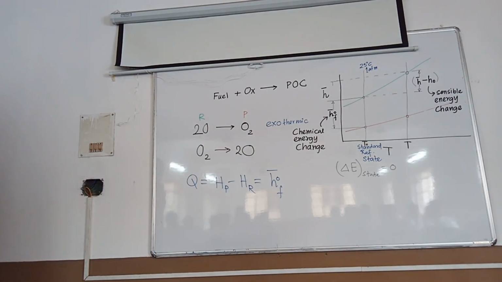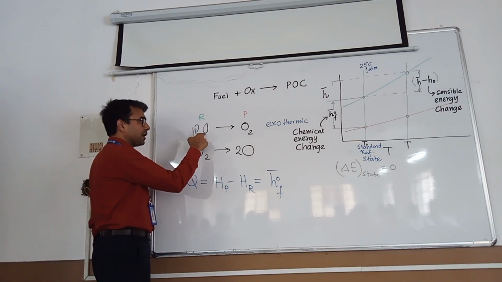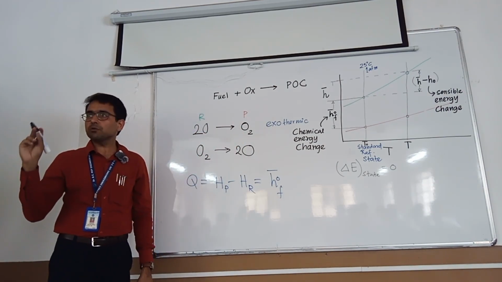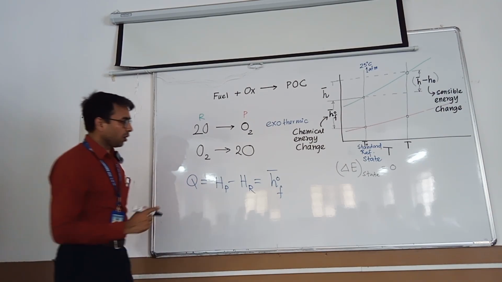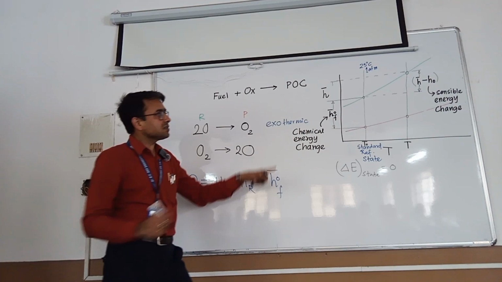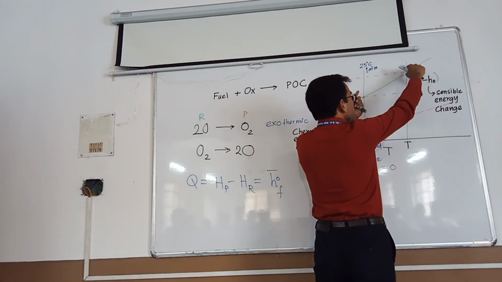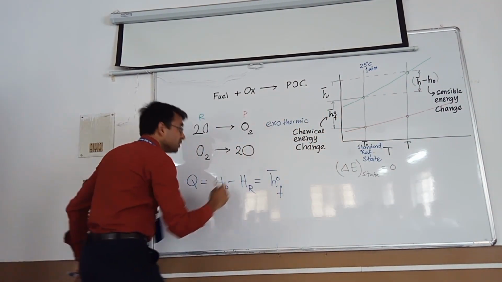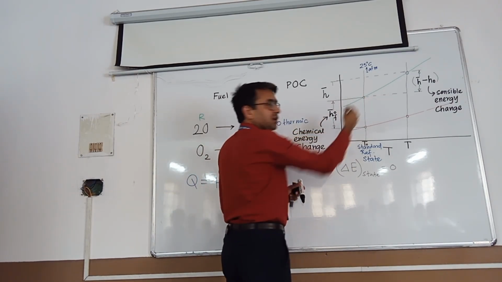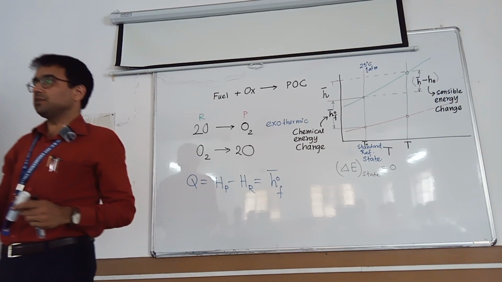Clear? Therefore, if I want to write the enthalpy of a particular component, for example atomic oxygen or molecular oxygen, then I will write this change in chemical energy plus the change in sensible enthalpy. Remember that HF0 is a change. It is not a particular condition. It is a change of enthalpy.